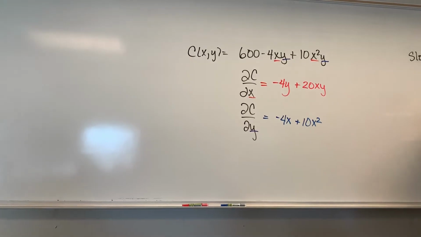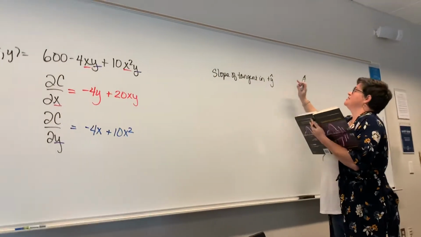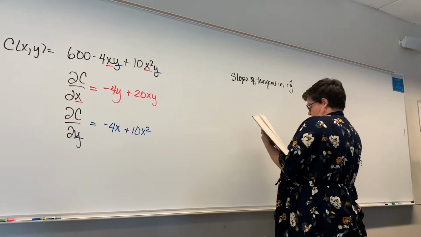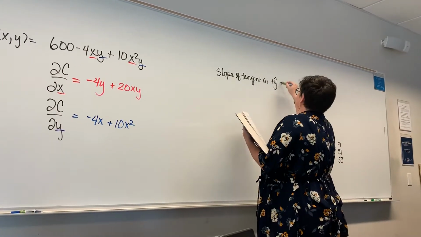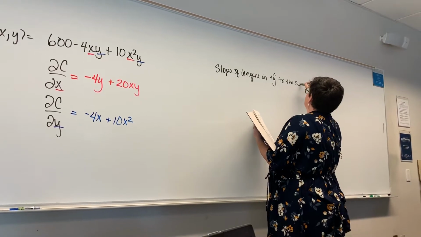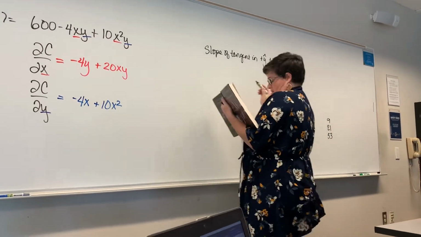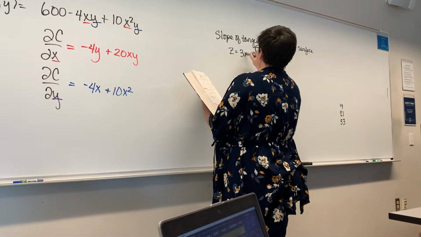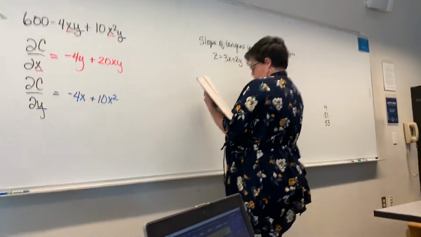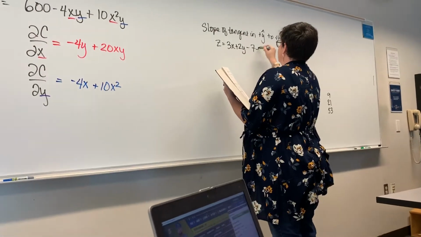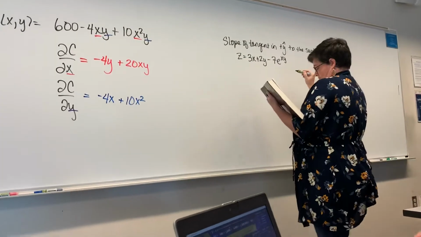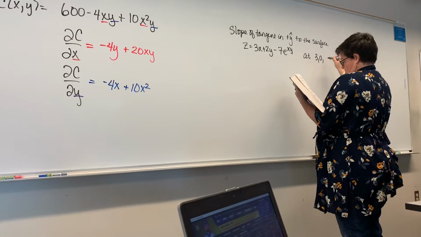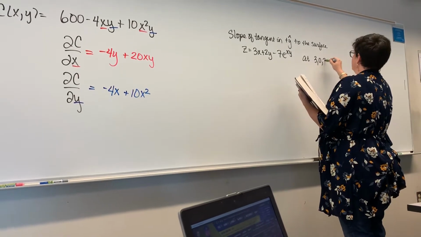I'm going to shorten that and say positive y hat, which is the same as saying positive y direction, to the surface z equals 3x plus 2y minus 7e to the xy. And we're doing this at 3, 0, negative 2, positive 2.